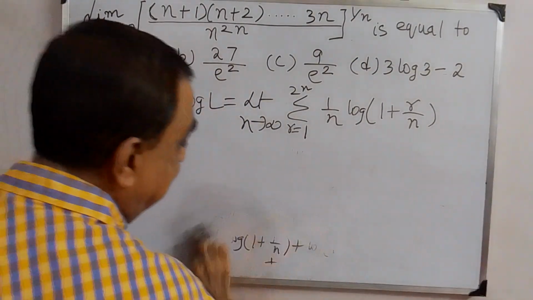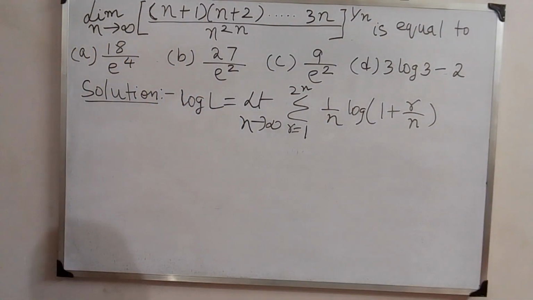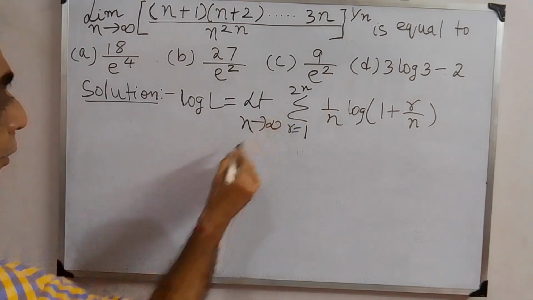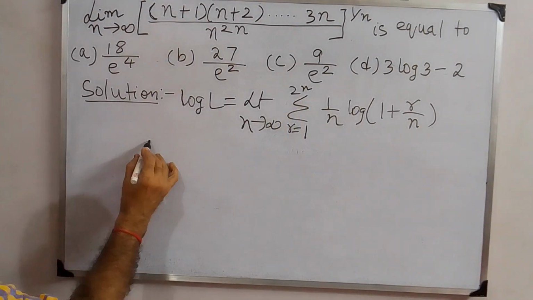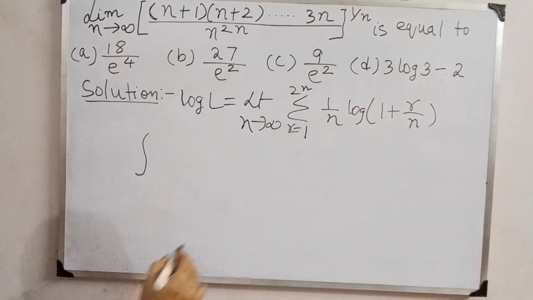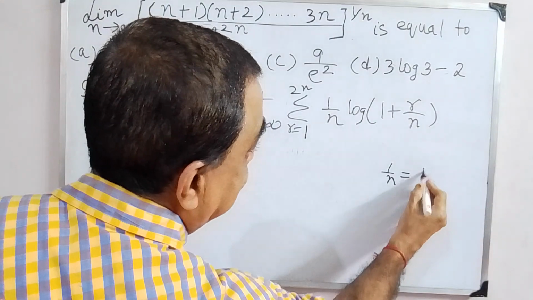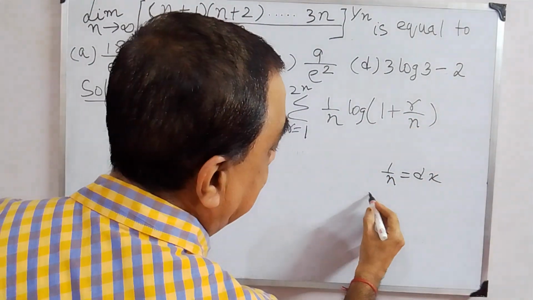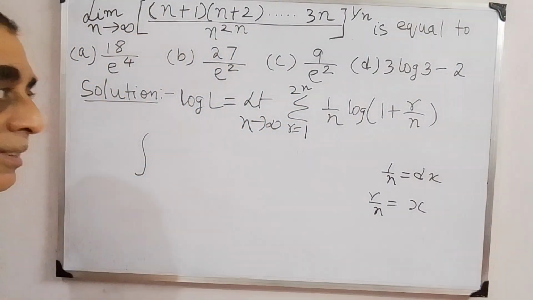How do we change this summation into a definite integral? See, here the limit of n tends to infinity summation changes into the integral sign. 1 by n is written as dx, and r by n is written as x.